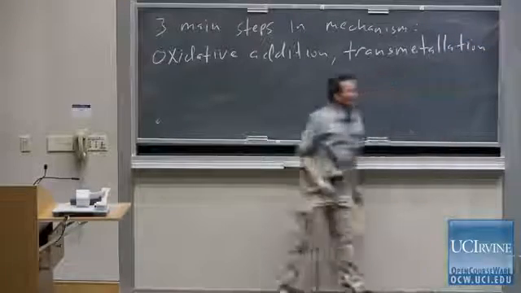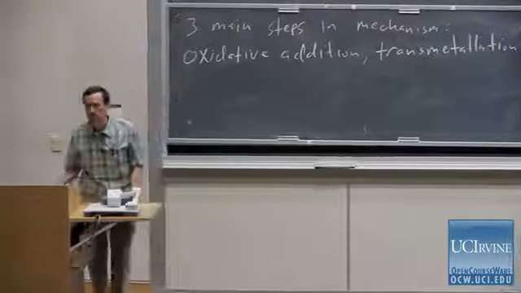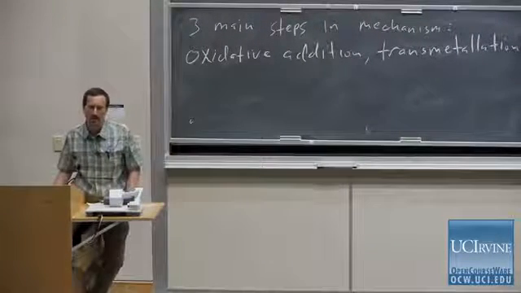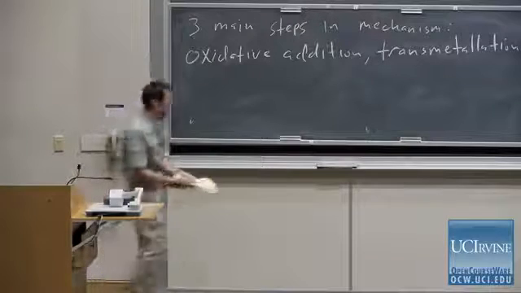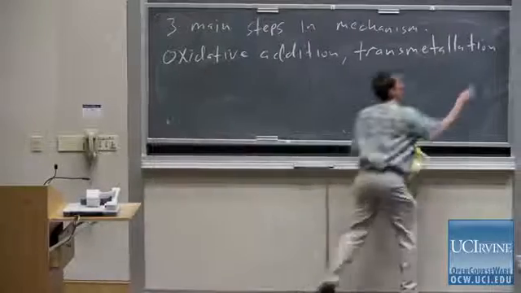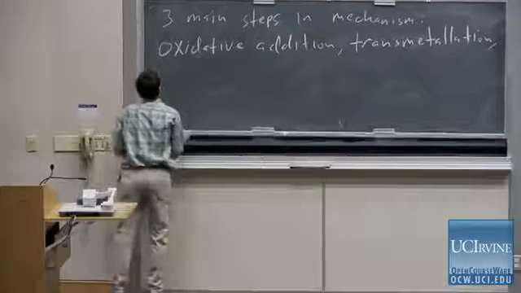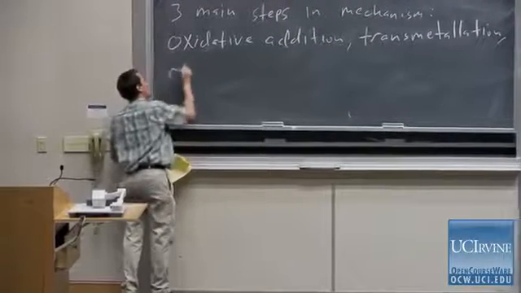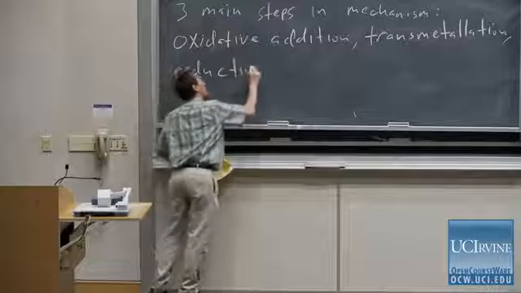In the transmetallation step, the other alkenyl group is transferred from boron to the metal. Transmetallation, it kind of makes sense. It almost says that. And the third step is where the metal acts as a template, and that's called reductive elimination. The metal spits out the carbon-carbon bond.